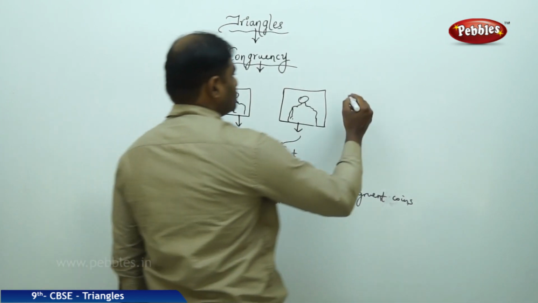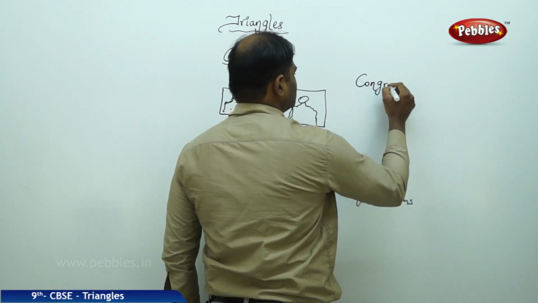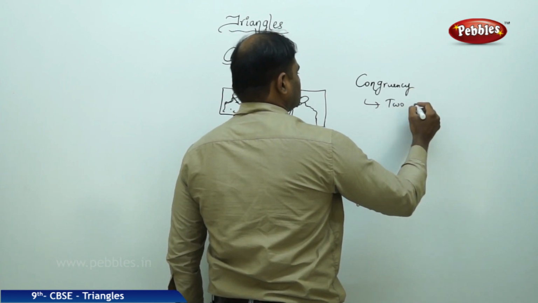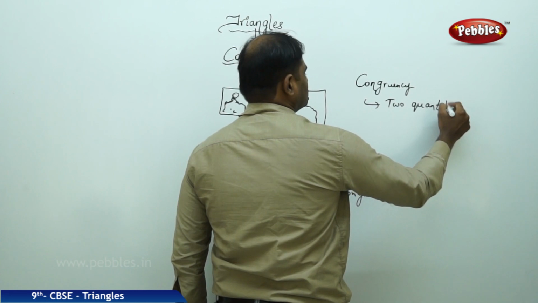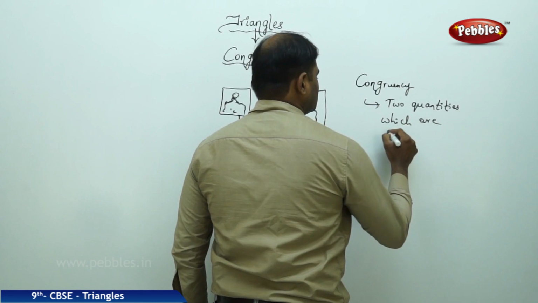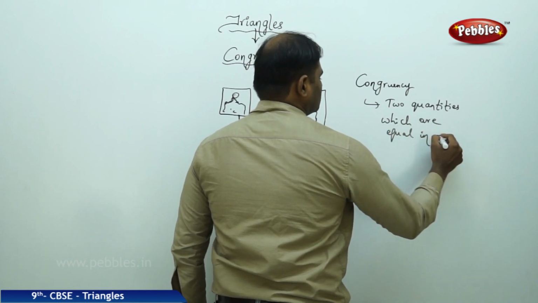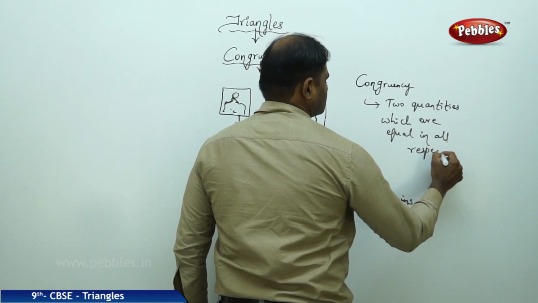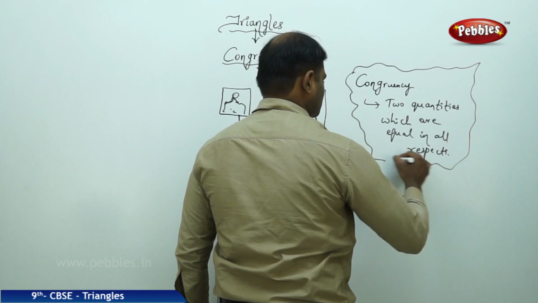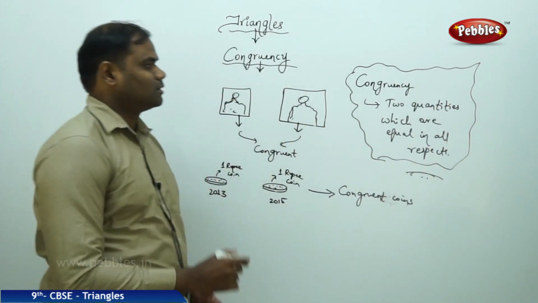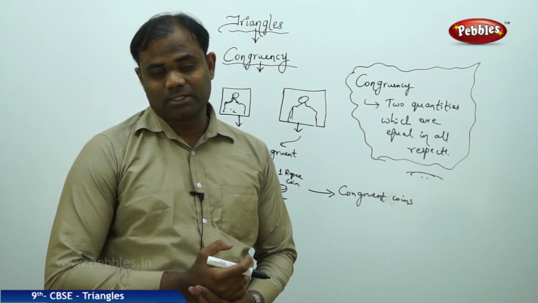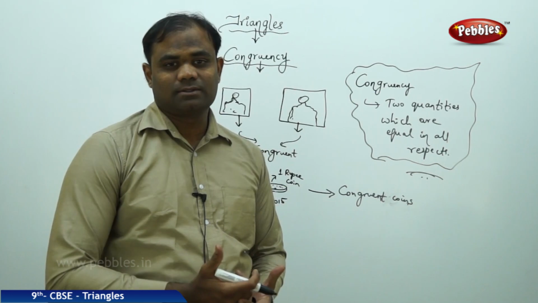So I define congruency: two quantities which are equal in all respects are said to be congruent quantities.